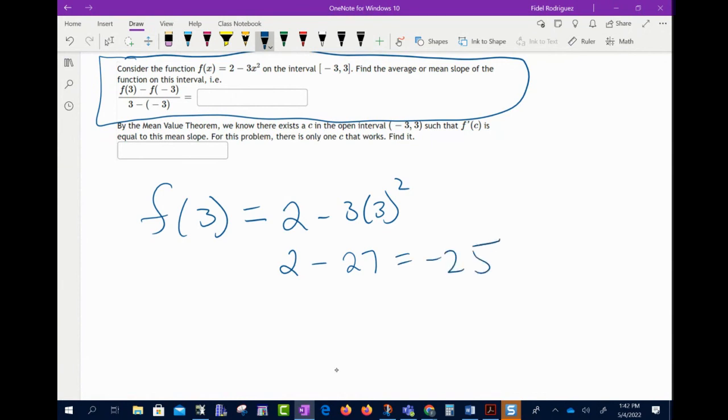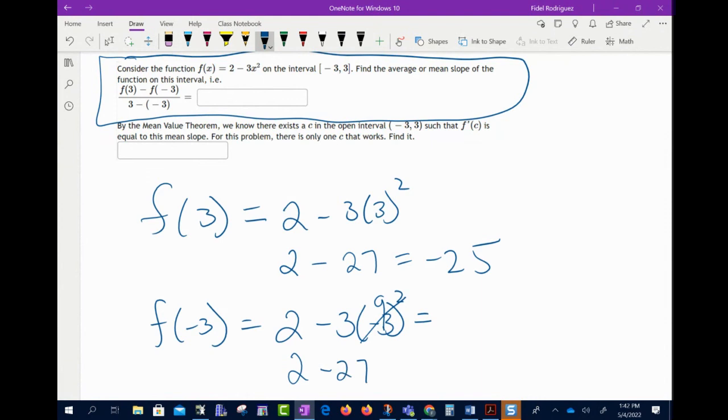Okay. F of negative 3. 2 minus 3 times negative 3 squared. Okay. Let's see. Negative 3 squared gives me a positive 9. This is still 2 minus 27. That's still a negative 25, right?